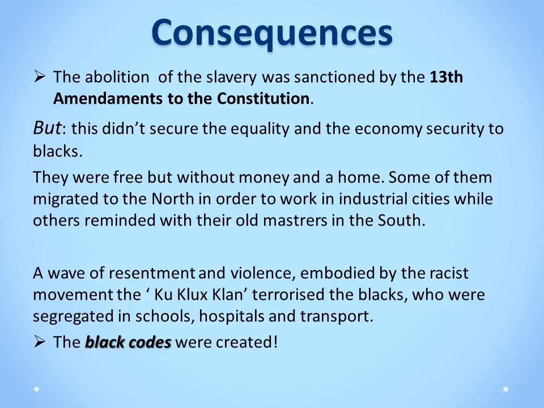Some of them migrated to the north in order to work in industrial cities, while others remained with their old masters in the south. A wave of resentment and violence embodied by the racist movement, the Ku Klux Klan, terrorized the blacks, who were segregated in schools, hospitals, and transports. The black codes were created.